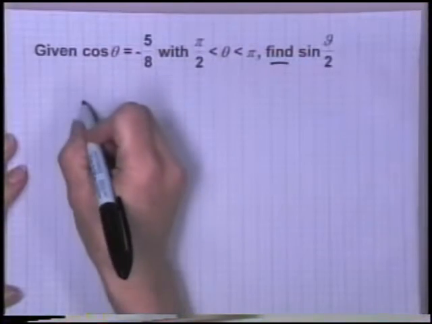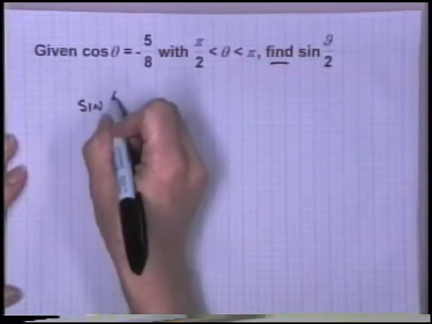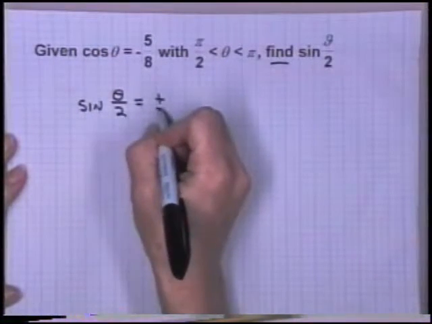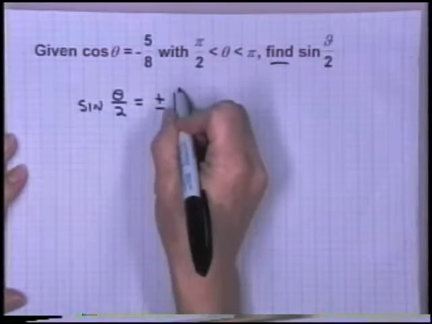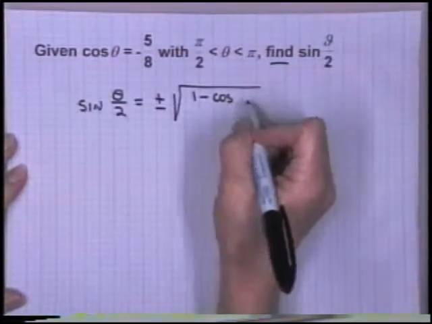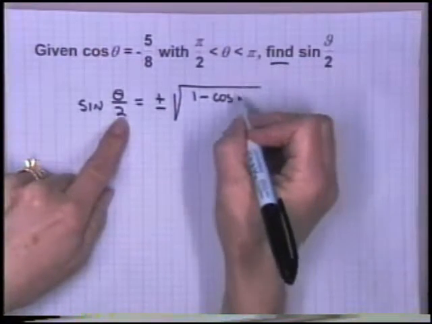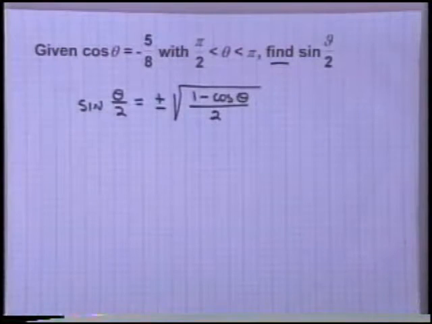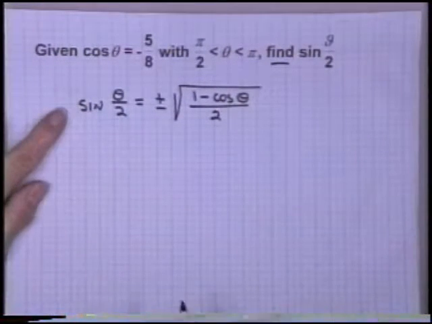If I want to find this, let's write down sine theta over 2 here. Our half-angle identity is going to say plus or minus square root of 1 minus the cosine of what? Well, if I take this and multiply by 2, I get theta, don't I? Over 2. Okay? So there's the identity that I want to use.